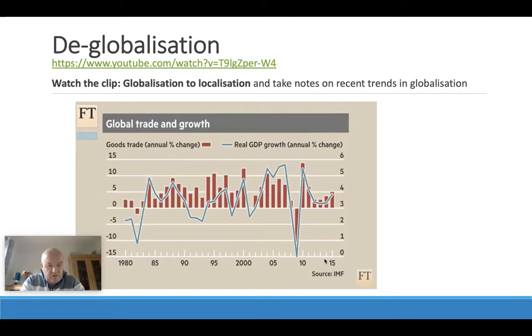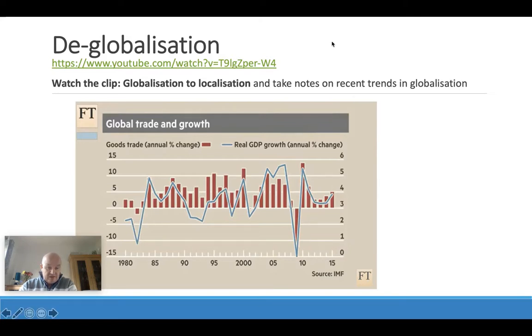We've talked about localization, but also there's a principle known as deglobalization, which is explained in the article on page 14, and hopefully that gives you another view as to whether there are issues around the whole argument and the ever-increasing speed at which globalization seems to be changing the way in which we do business across the world.